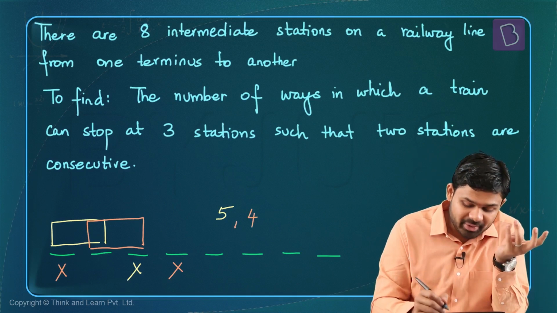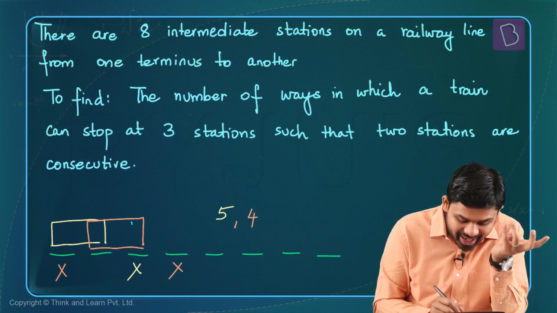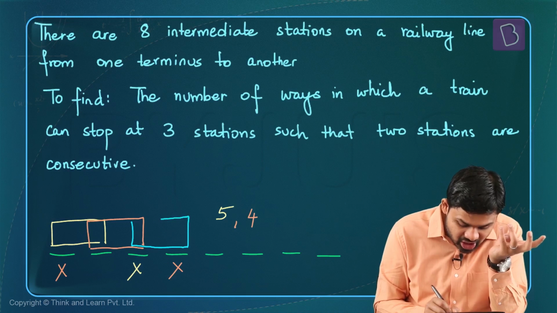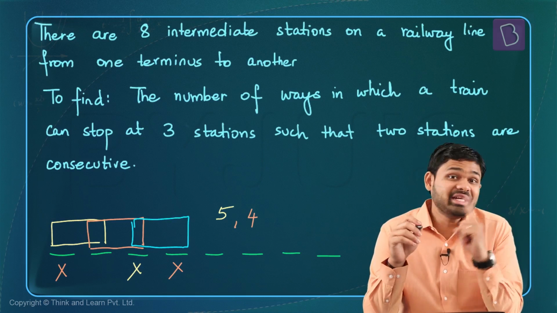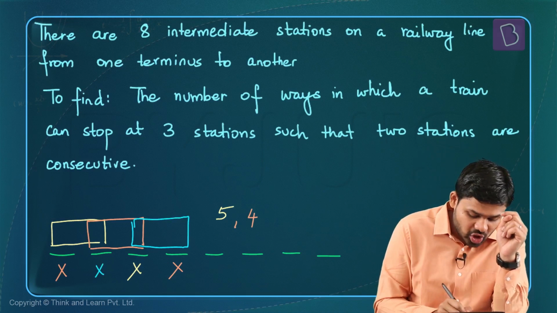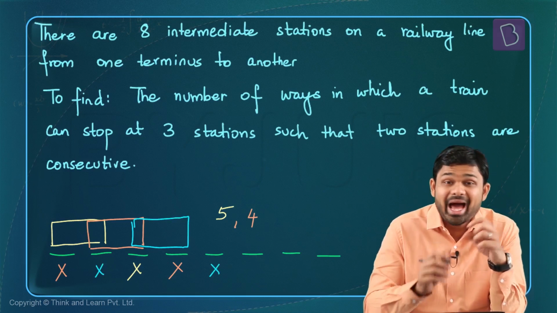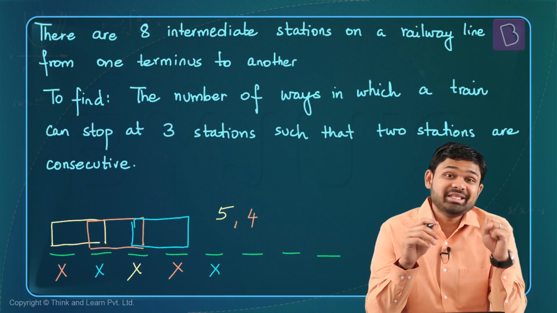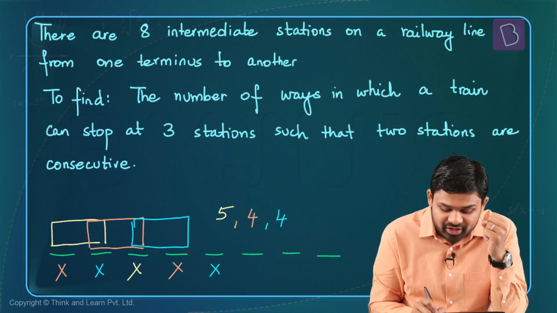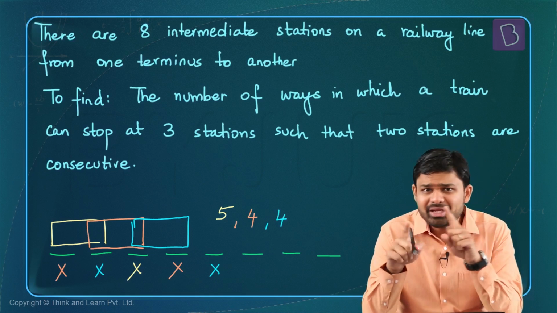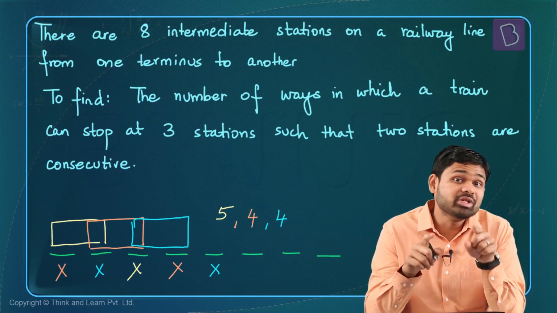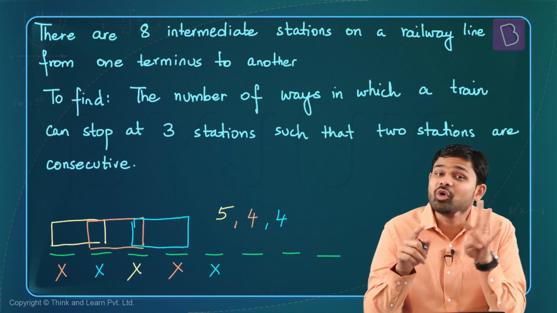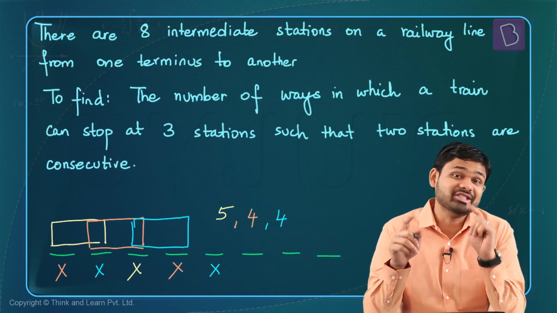Now, what happens if the train were to stop at the 3rd and the 4th stations? Well, then it can stop at the 1st, but it cannot stop at the 2nd. It cannot stop at the 5th. So this means that the train again has 4 different possibilities. Similarly, if you look at the other interior pairs, the train has 4 other stations where it can stop.